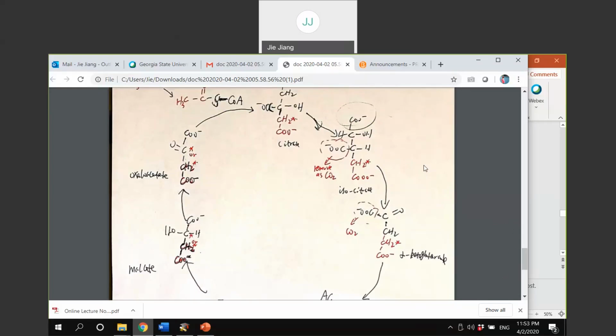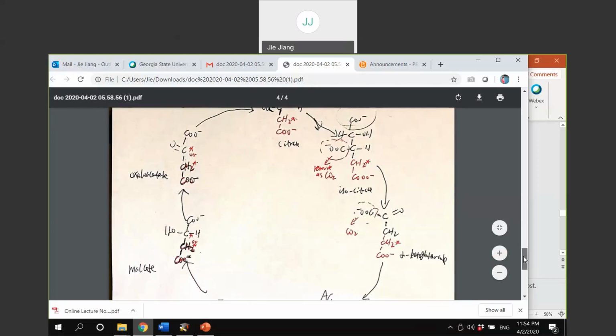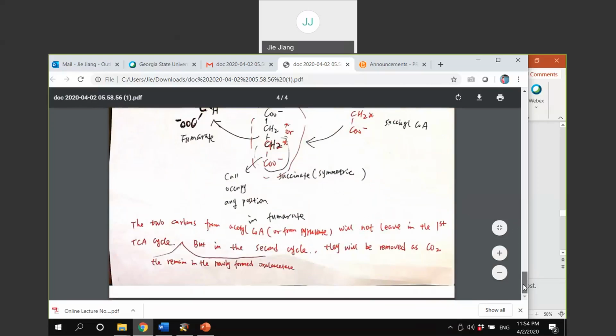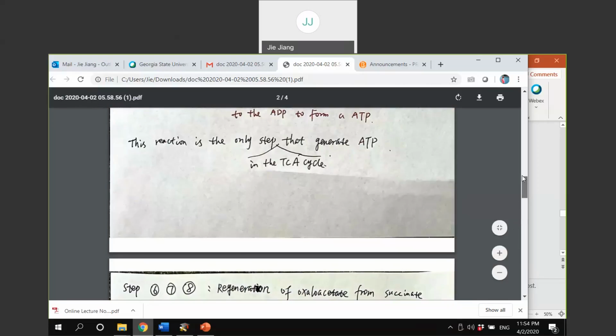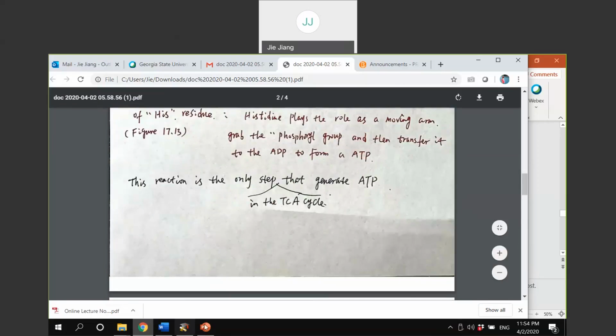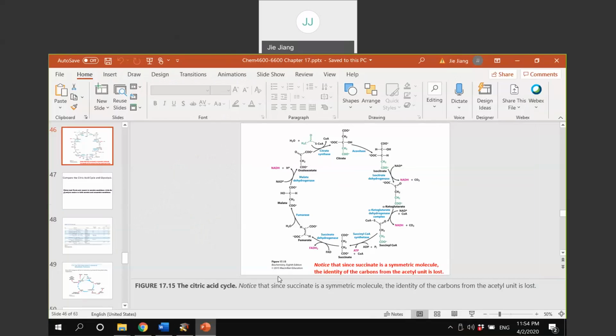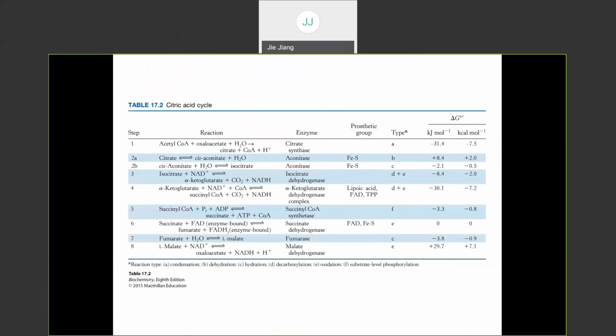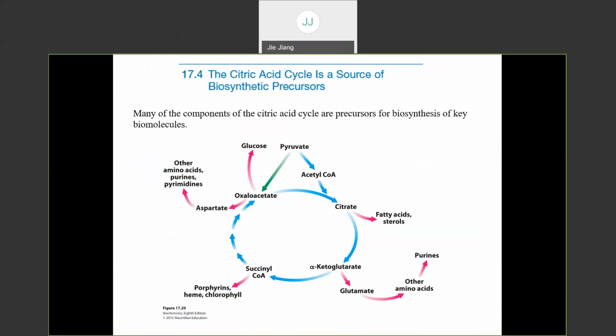There's a similar problem in your workbook, so you can work on that problem and get a better idea. All right. So that's basically all for chapter 17. The rest, 17.4, is really kind of giving you a big picture for the metabolism, right?